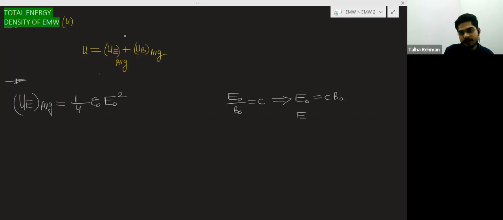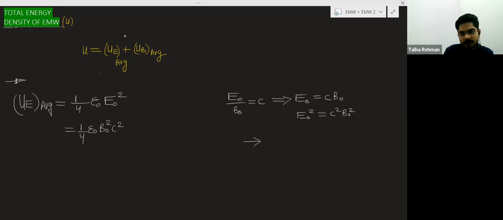If you write E naught square, it will become C square into B naught square. So this is equal to 1 by 4 of epsilon naught, E naught square written as B naught square into C square.